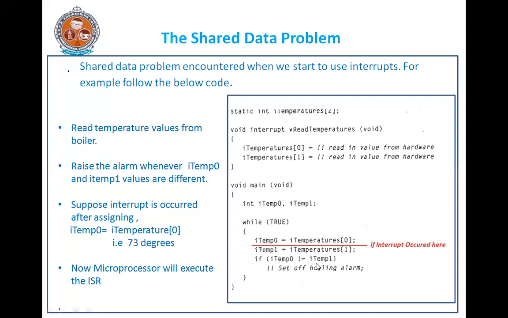This is the task code that the processor is executing. But once the interrupt has occurred here, the microprocessor will go to the interrupt service routine of that particular interrupt. That interrupt service routine is executed and completed, and only then does it come back to the original code.